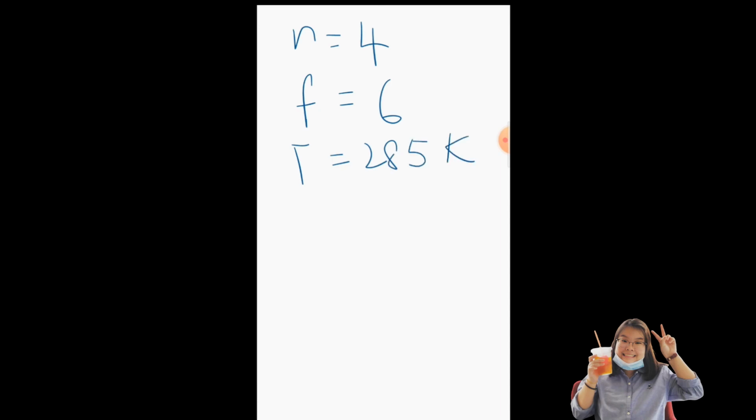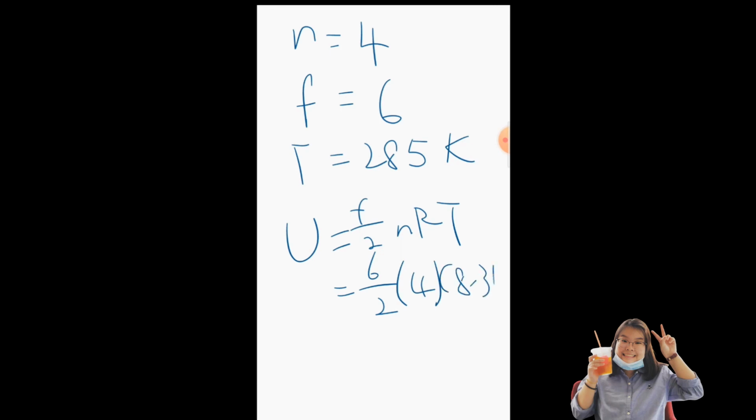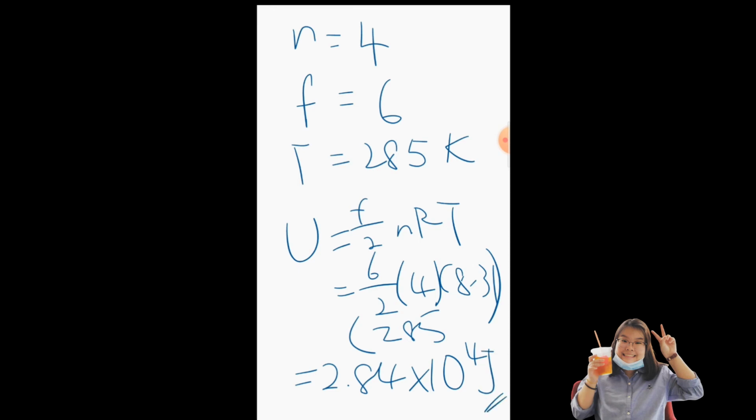Then we substitute into the equation, F over 2 nRT. F is equal to 6 over 2, n is equal to 4, R is 8.31 and then temperature 285. Eventually we can get 2.84 × 10^4 joules. Okay, A is very easy, right?